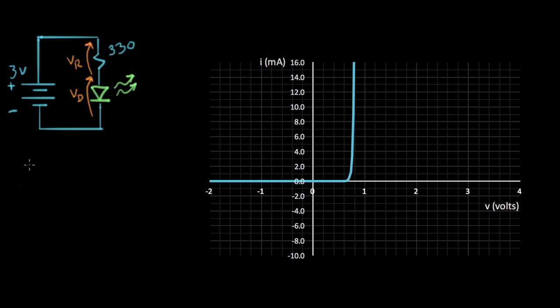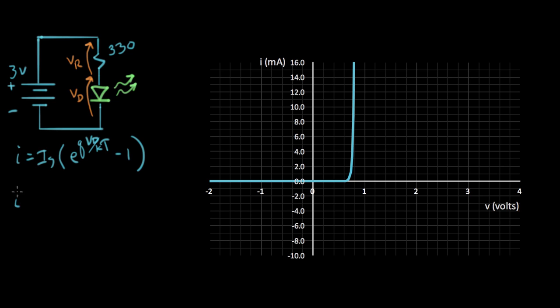So for the diode, we write a current law that looks like this. The current is equal to IS times e to the qV on kT minus 1. So that's the IV characteristic for the diode, where this is V diode right there.